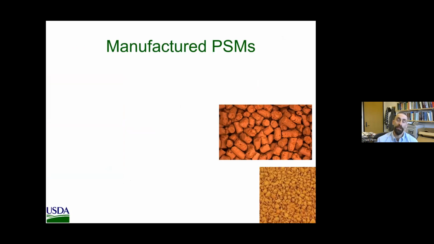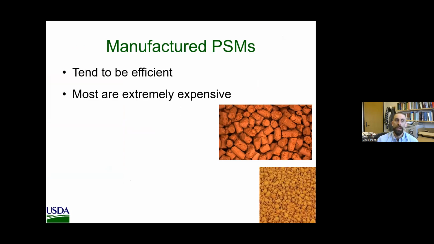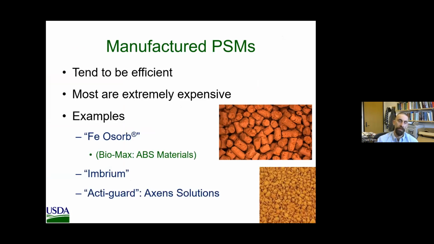So these manufactured P sorption materials tend to be very efficient, that is, P removal on a per unit weight basis. They're pretty good, but they're very expensive. Almost all of them are pretty much cost prohibitive. There are some different examples. Some are made in Ohio, and they come from all kinds of places. ActiGuard from Accent Solutions, I found, tends to be probably the most cost effective.